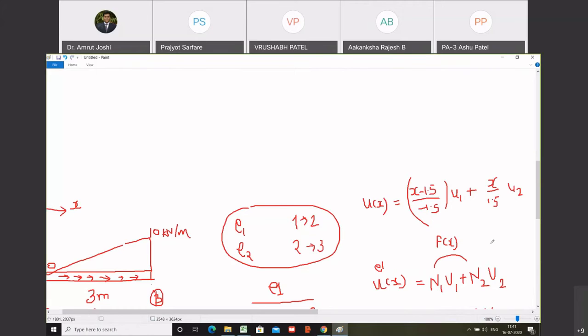Substitute x equal to 0. What do you get? The second term will vanish. The first term will be u1. So u of x is u1 at x equal to 0. Now substitute x equal to 1.5. What do you get? This term will vanish and you will get 1 for this term, so you will get u2.